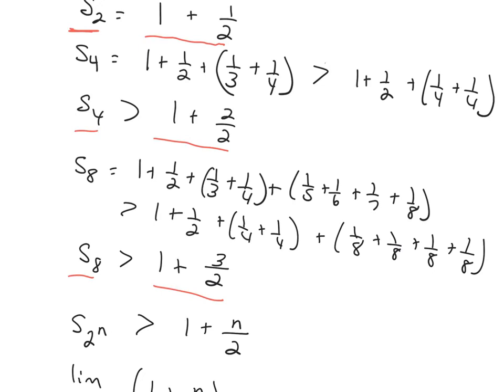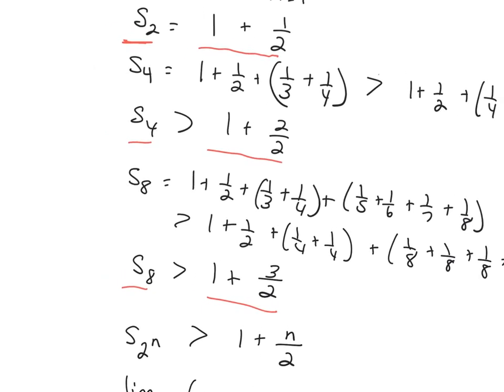So it might help if I write here, this is S of 2 cubed. This is S of 2 squared. So notice that the power that appears here matches what's there. The power that appears here matches what's here. So it's n over 2.